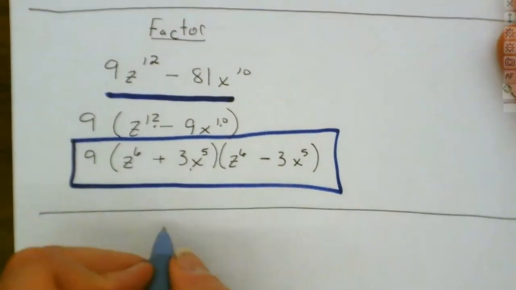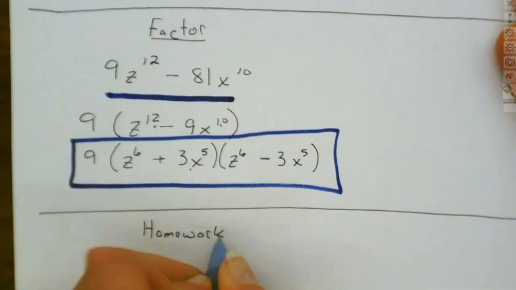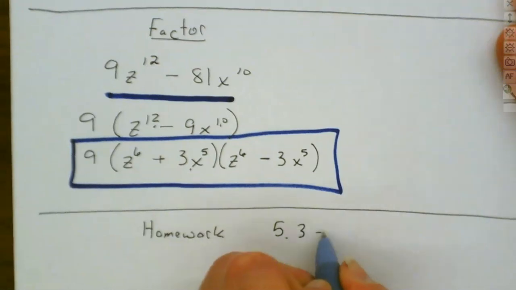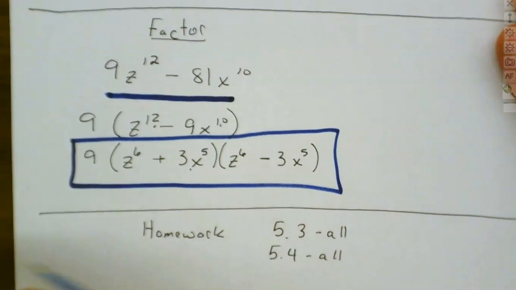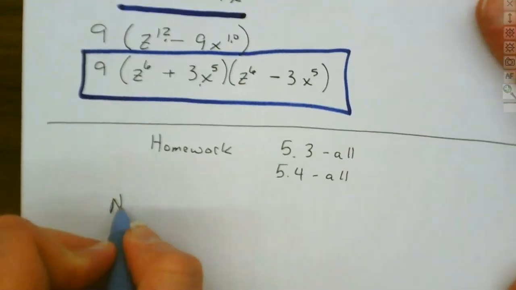So what's going to be your homework? Let's talk about that quickly here. The homework is going to be 5.3, we did them all, and 5.4, we did them all. Our next exam is going to be on Thursday.